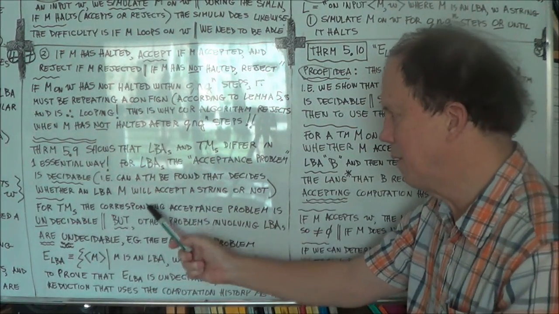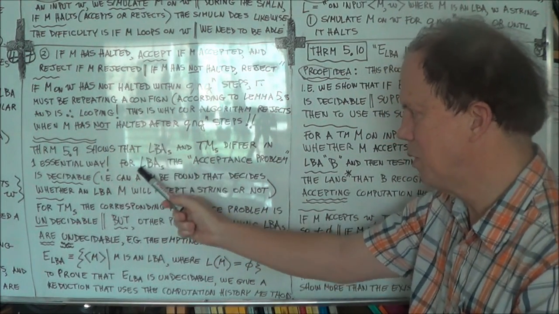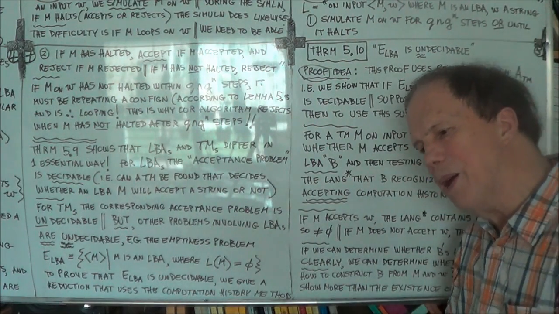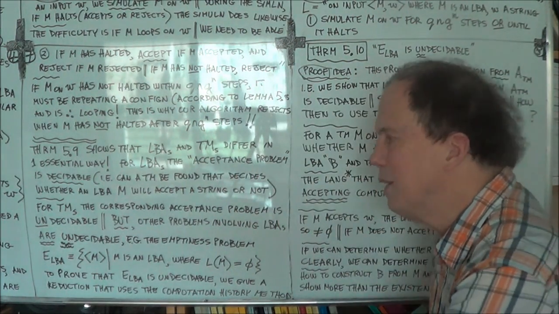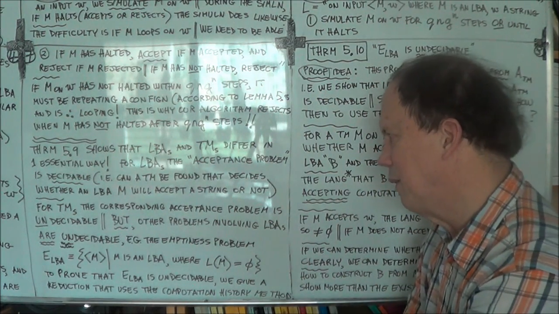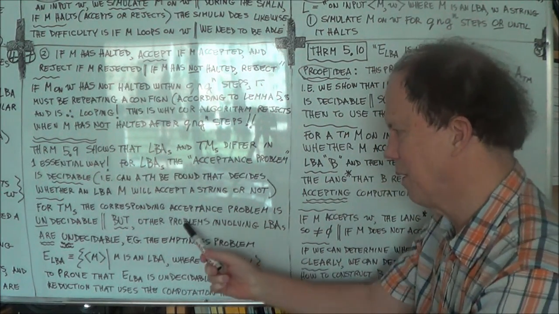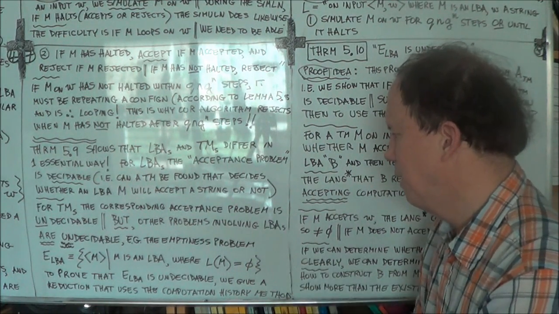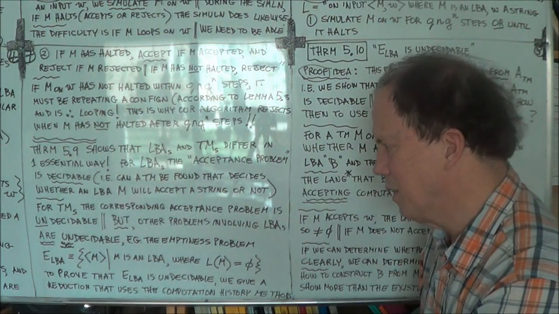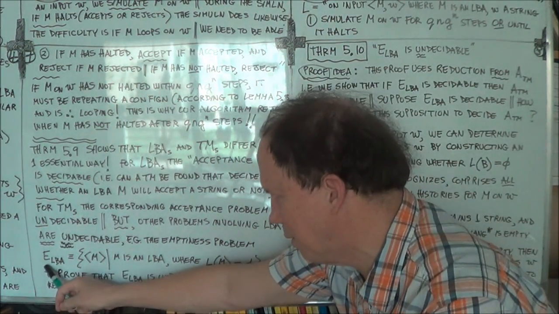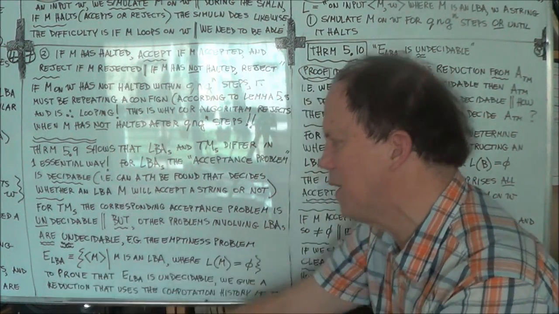Now, interestingly, these limited machines, linearly bounded automata, LBAs, there are other problems, in other words other languages, that involve these limited Turing machines that are undecidable. One of them is this one, E for empty.